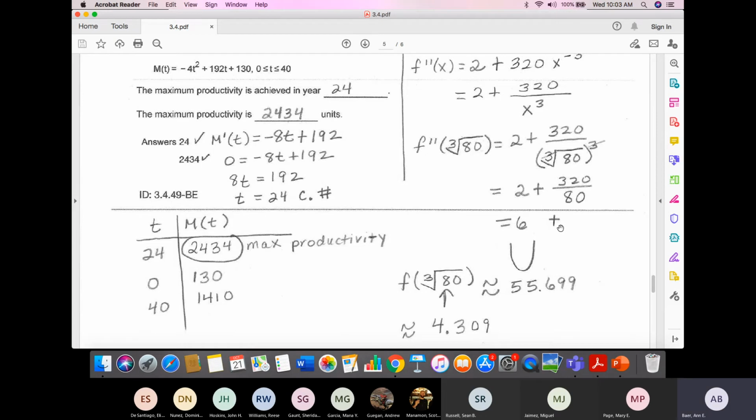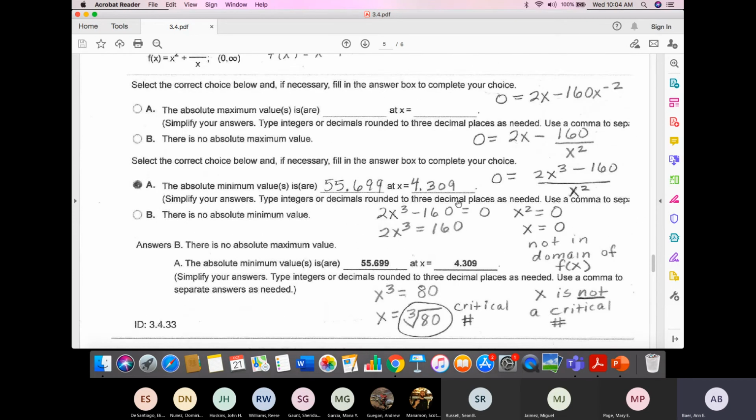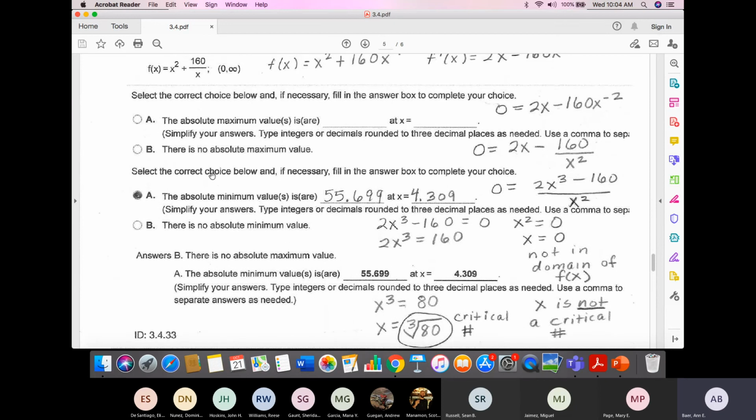When we're talking concave up, we're talking about a relative minimum, or in this case, sorry, an absolute minimum. So we know our original graph has an absolute minimum in this case. Let's go back up here. So we have an absolute minimum.